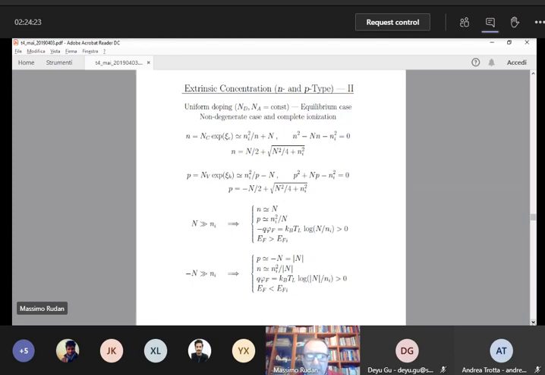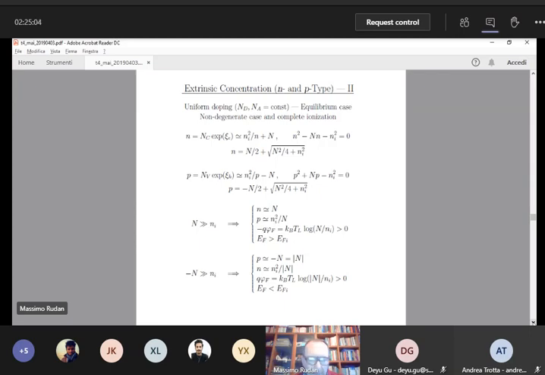If you have a case in which the donor concentration prevails, okay, so N is positive, one must calculate the concentration of the electrons using the algebraic second degree equation that is visible in the first line. And again, one obtains small n equal to capital N over 2 plus the square root.